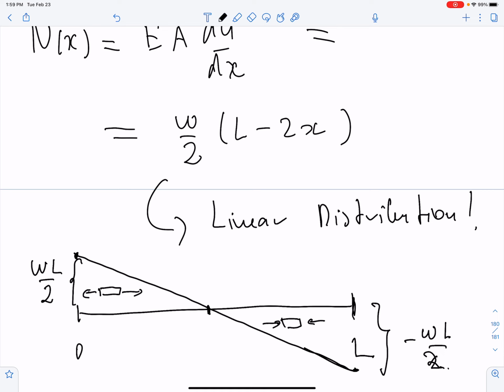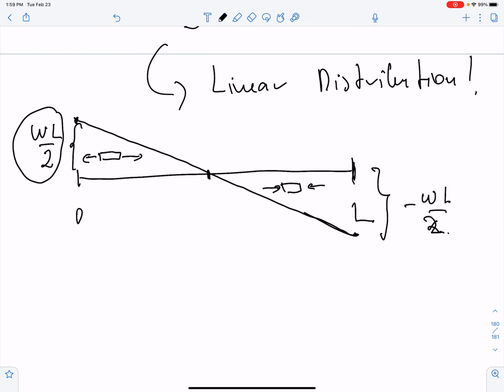Okay? And then you go to the left edge, and your tensile force reaches WL over 2. You go to the right edge, and your compressive force reaches WL over 2. So then what's F prime F? Well, you can see it directly in the plot. Follow the arrow here and go all the way to the node.